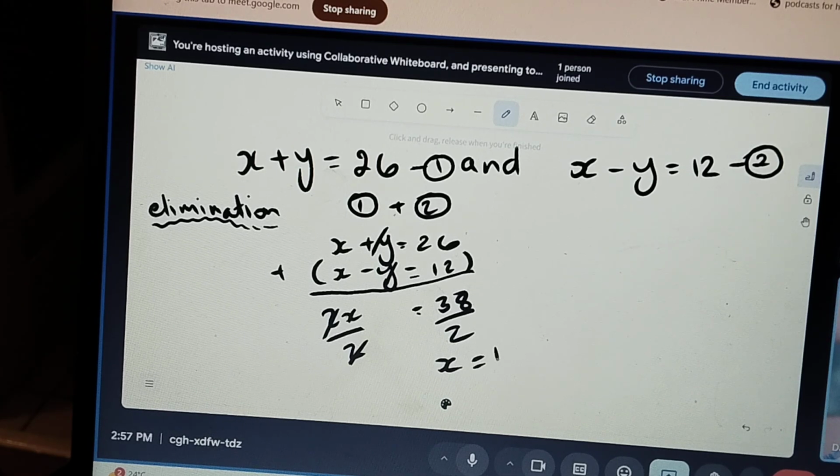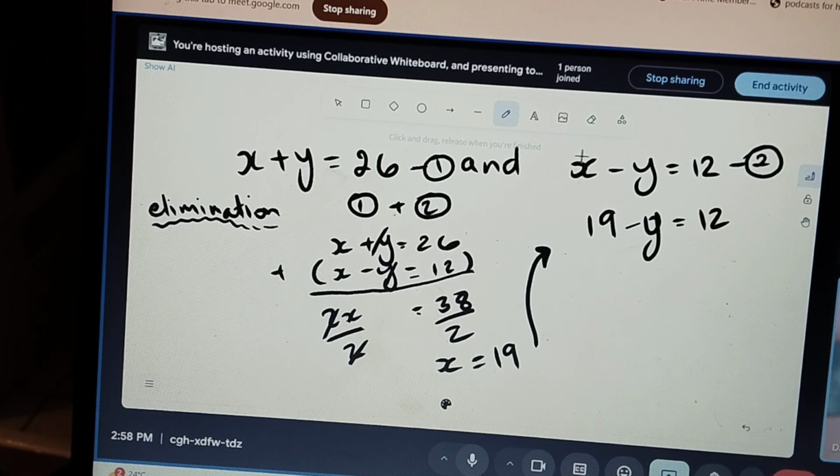Now that I've got x equal to 19, I'm going to substitute that 19 into either equation 1 or equation 2. Which one would you rather I substitute it into? Okay, so let's do equation 2. Instead of x minus y, I'm going to put 19 minus y equals 12, right?